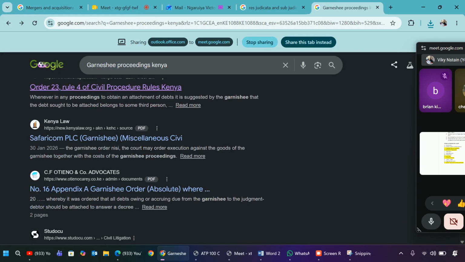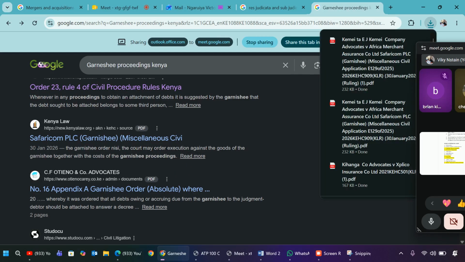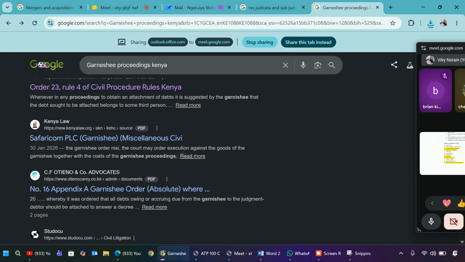Remember, any party is allowed to unmute, assist where possible. Okay, let me see this decision. Safaricom PLC being the garnishee in this situation. Somebody sued Safaricom.